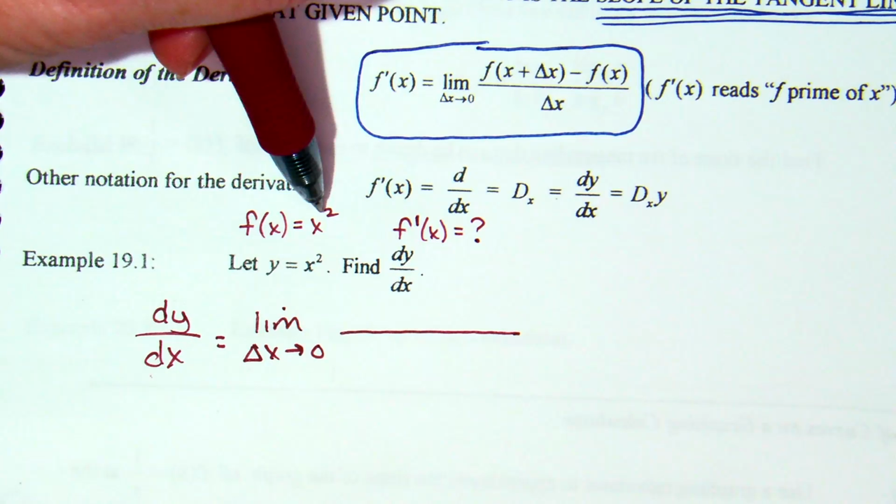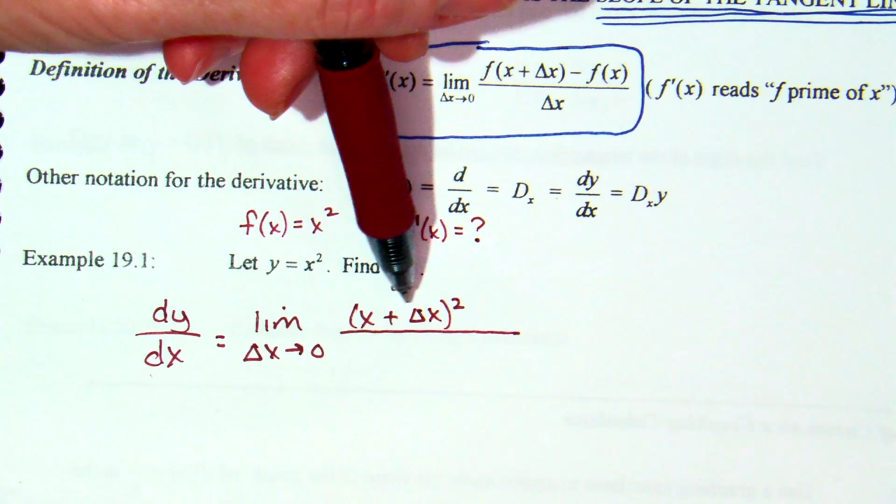So every place I see an x, I'm replacing it with what? x plus delta x. So here it says to square whatever x is. What is x? x plus delta x, quantity squared. So right there, f of x plus delta x is x plus delta x, quantity squared.